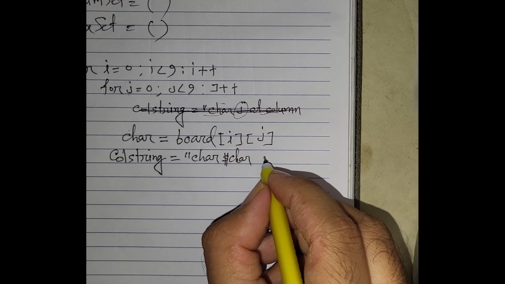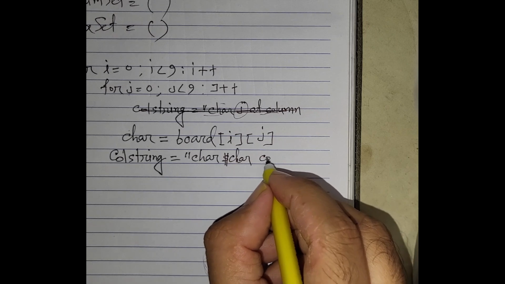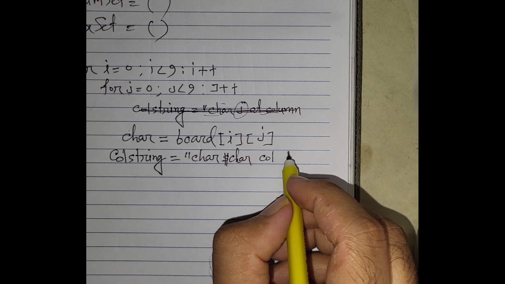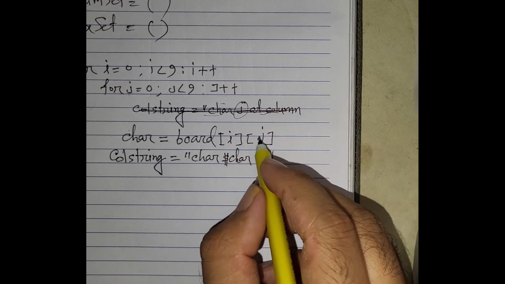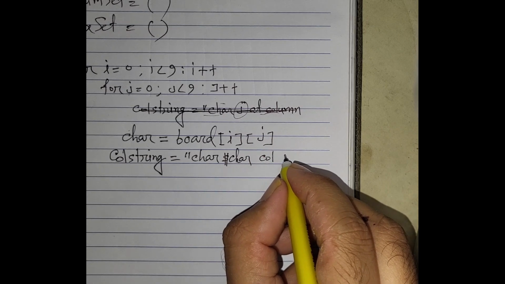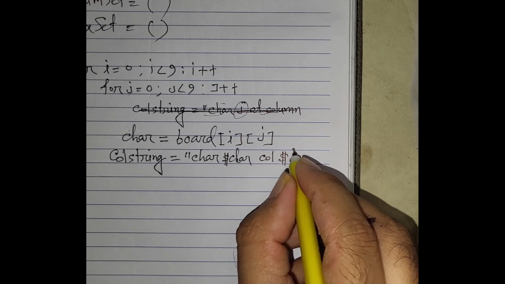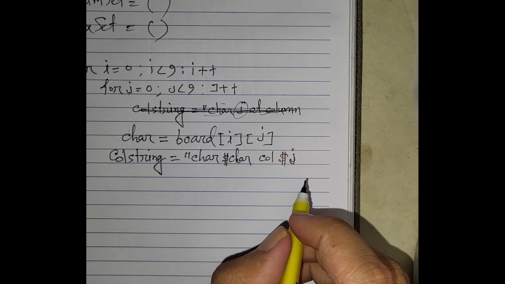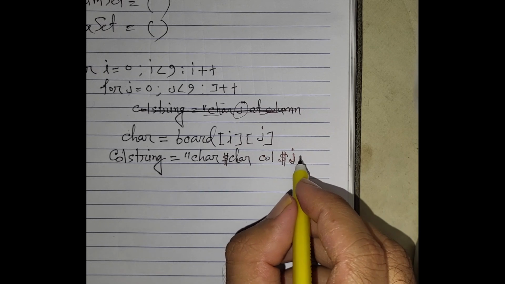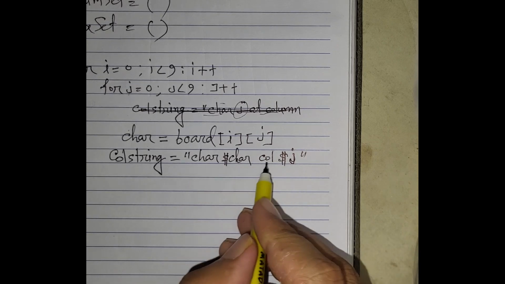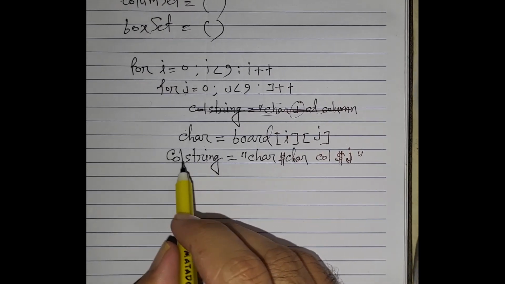And what is the column number? Column number is this j right here. So I will use a dollar sign just to show that it is giving us an integer or something else. Anyway, this is the string for column.